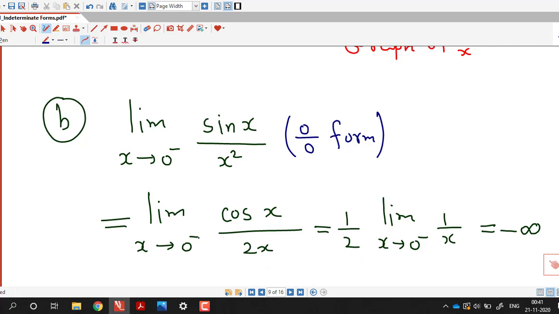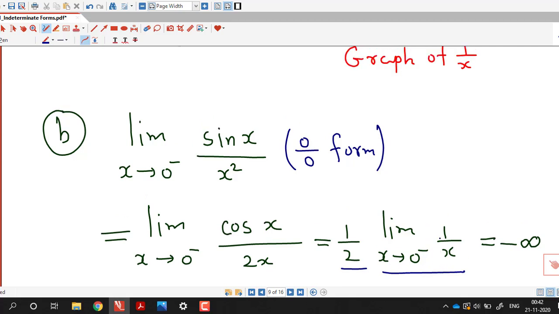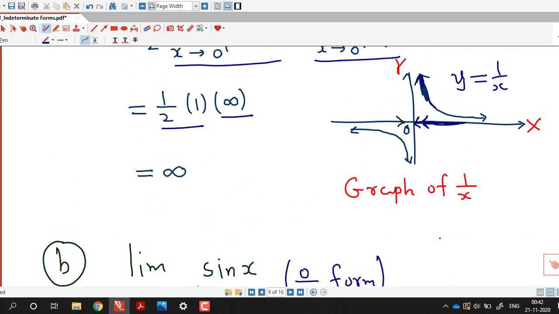Again we write this as limit of cos x into limit of 1 by x, and limit of cos x as x tending to 0 is 1. So we are left with 1 by 2 into limit of 1 by x as x approaching 0 from left hand side. So again we observe the graph.